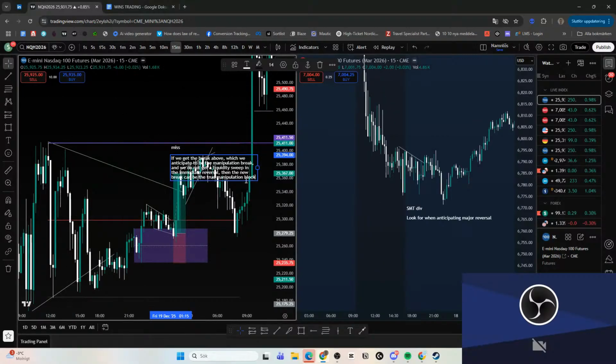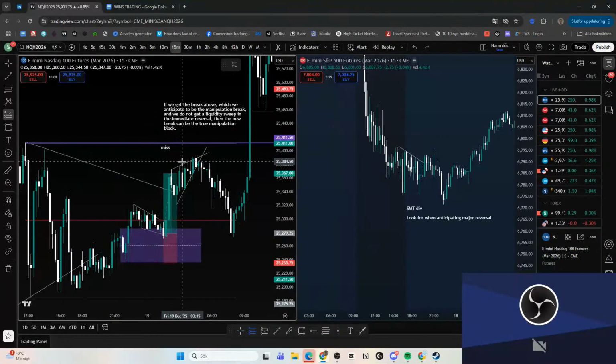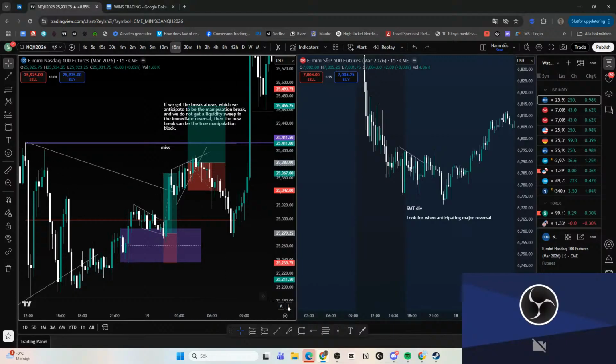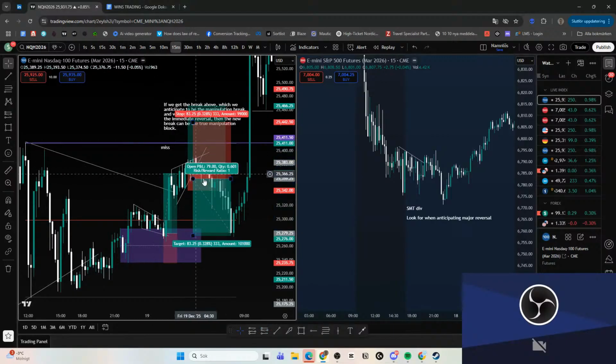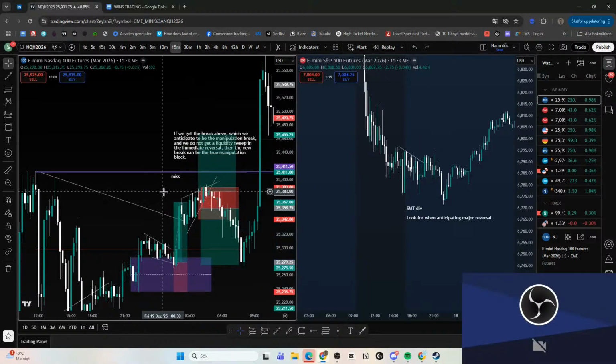If that makes sense. So basically, if we have this setup, boom, okay, we get this, people go short. There we get a break below. Then we actually reverse. Then the second break can be the one considered a manipulation move.